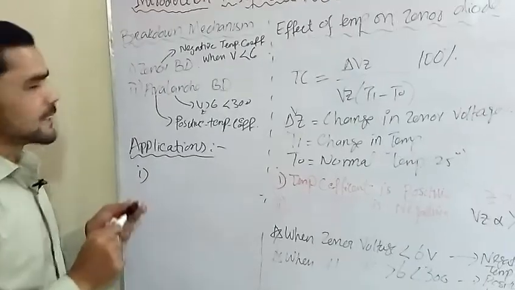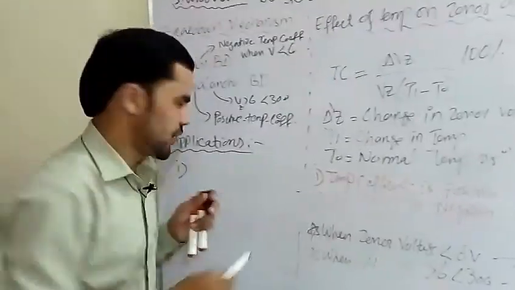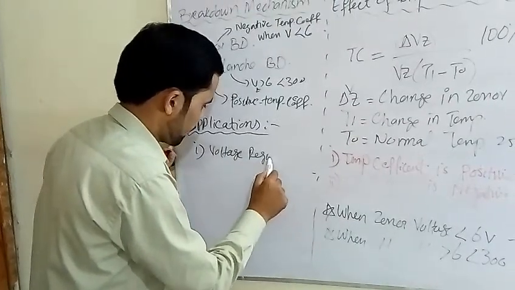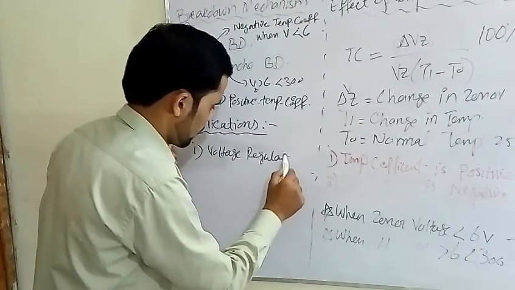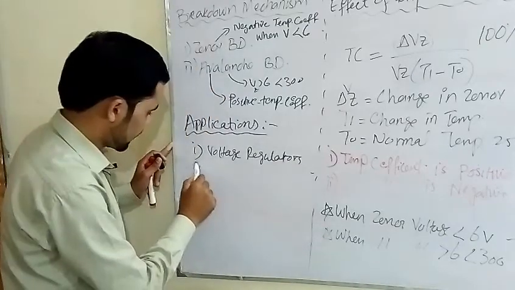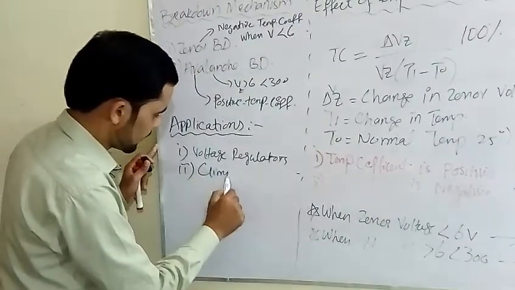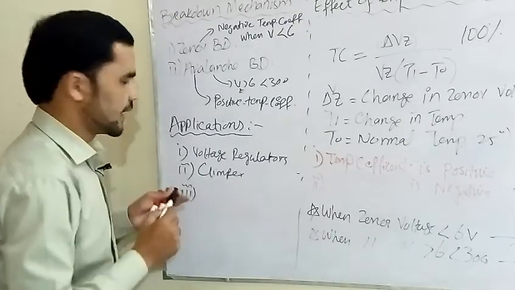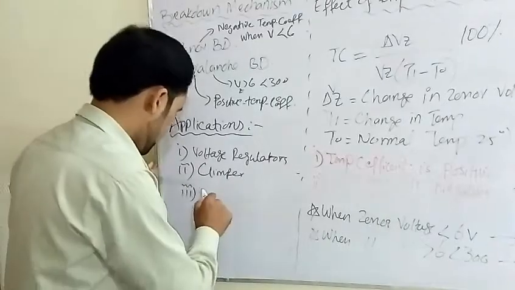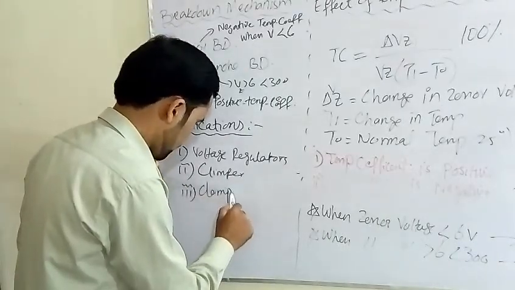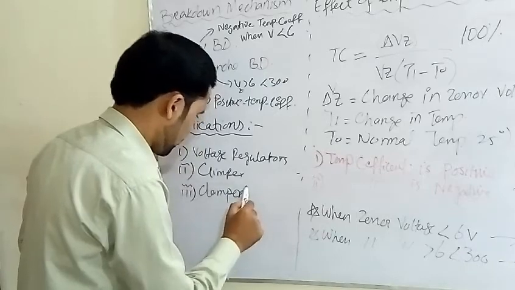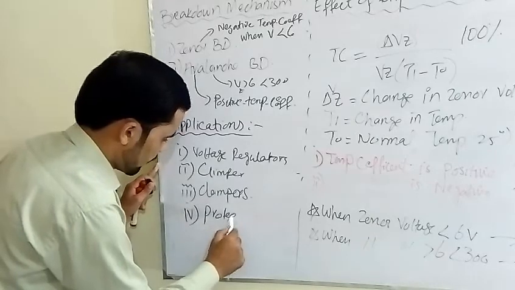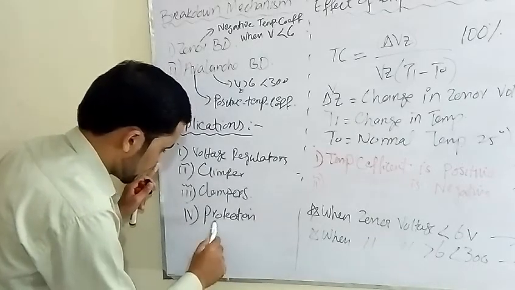Zener diodes are used in voltage regulators, also in clippers, in different types of clampers, and in protection devices and protection systems.